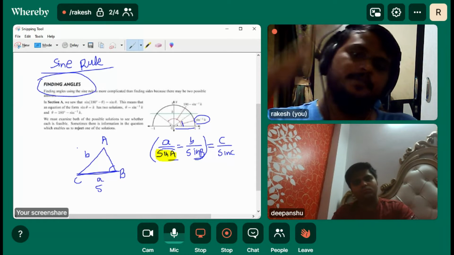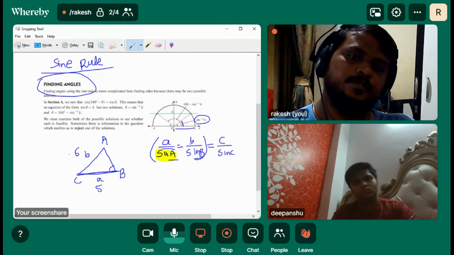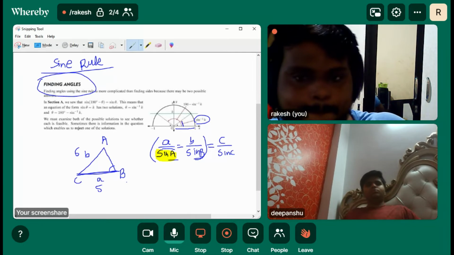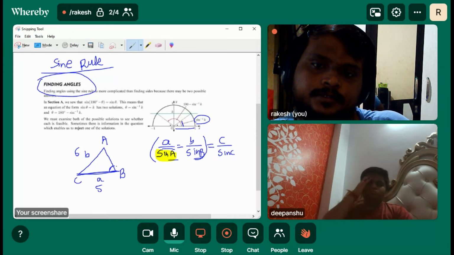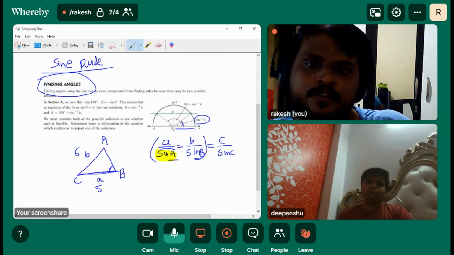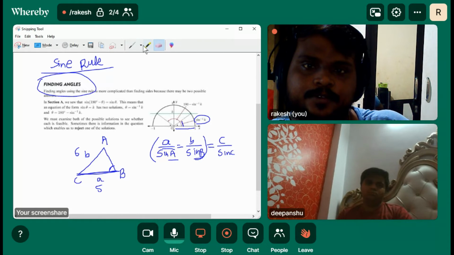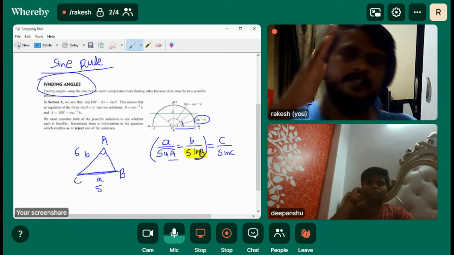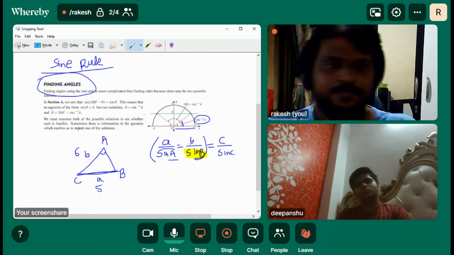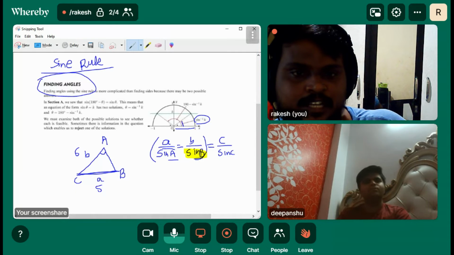Let's say we have to find angle B instead of angle A. A is given in this scenario, and B needs to be found out. So this is one case.